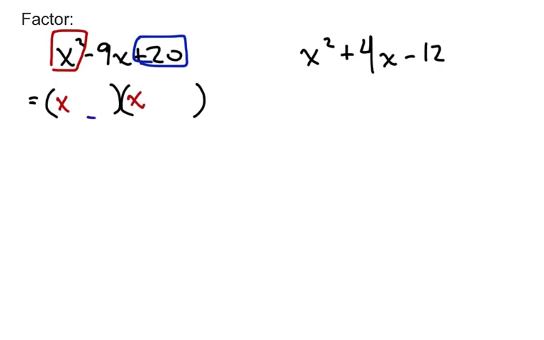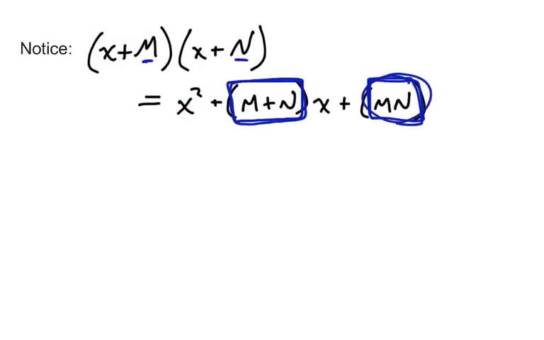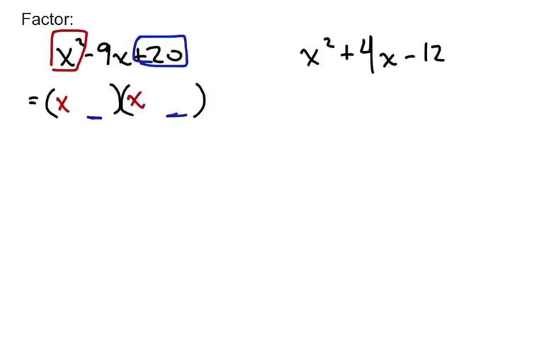This last term is going to help us determine what goes here and here. And remember, that last term is the product of those two things. So we need to think of two numbers that multiply together to give us 20. And that's either going to be 1 and 20, or 2 and 10, or 5 and 4.